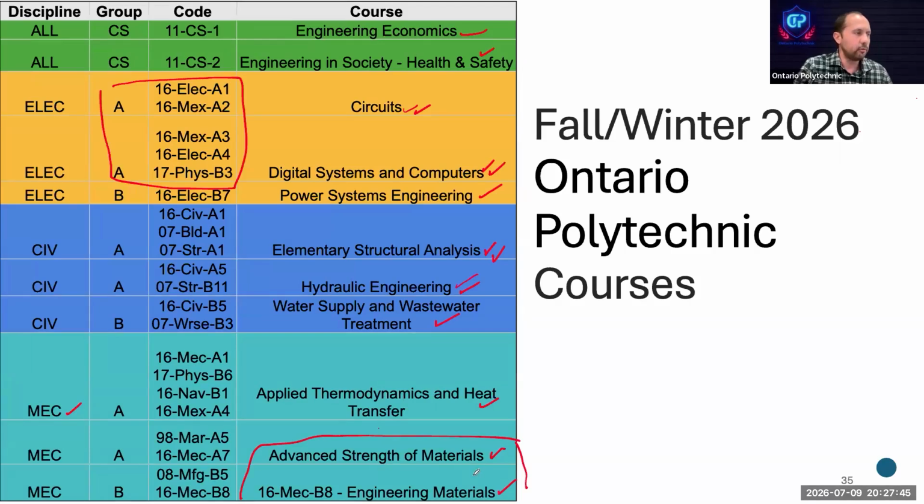But if you prefer, I don't know, a discipline like fluid mechanics, you can take applied thermodynamics and heat transfer. All of them are okay, and you will pass with good marks. These are our offerings for next semester, and I will show you the website at the end.